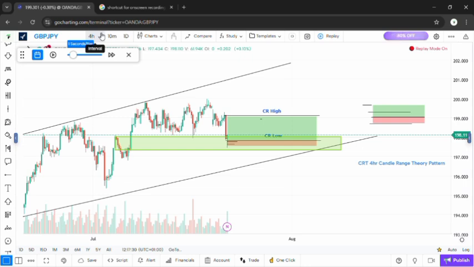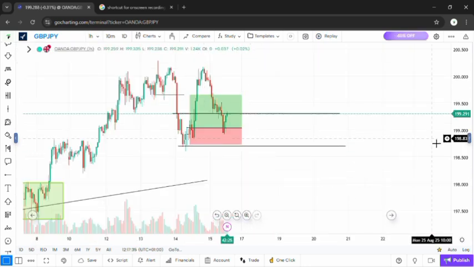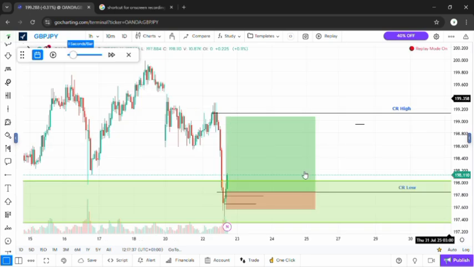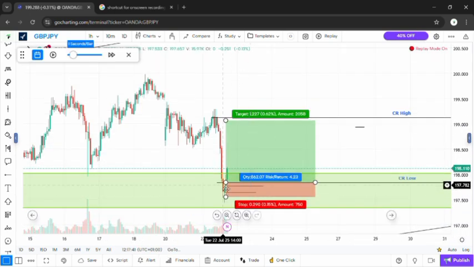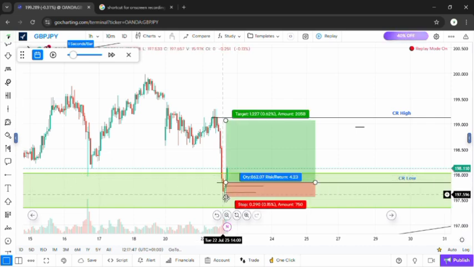Now, as you can see on the 1 hour time frame, another candle swept the CRT low, right? Let's go back to the 4 hour time frame.